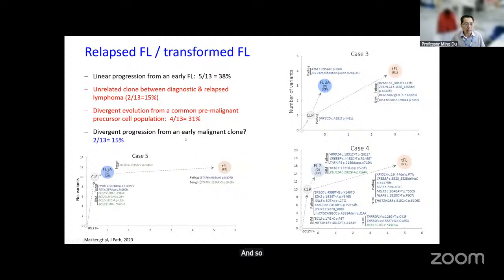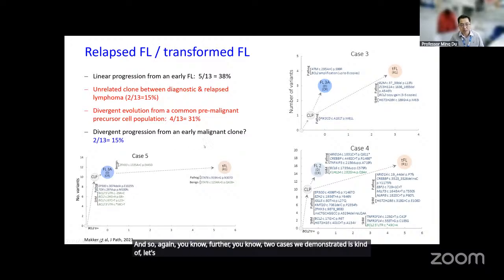And again, in two further cases we demonstrated a divergent progression from the early malignant clones.